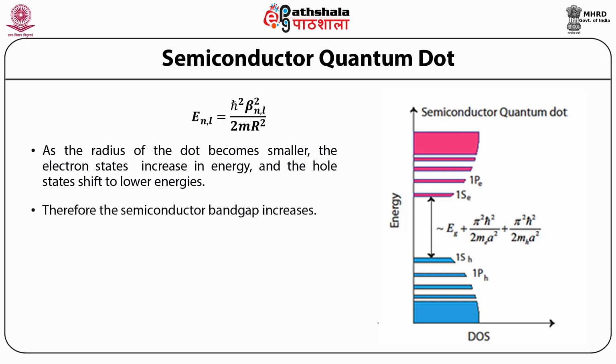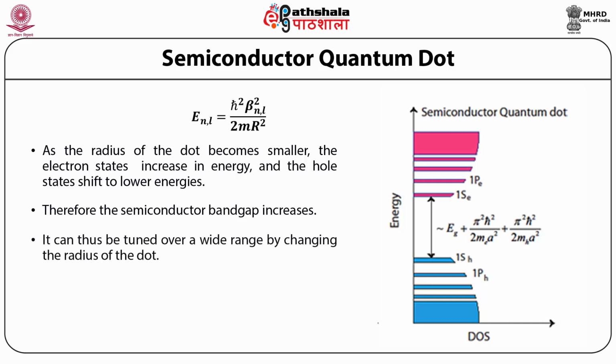So here the semiconductor band gap increases. It can thus be tuned over a wide range by changing the radius of the quantum dot.